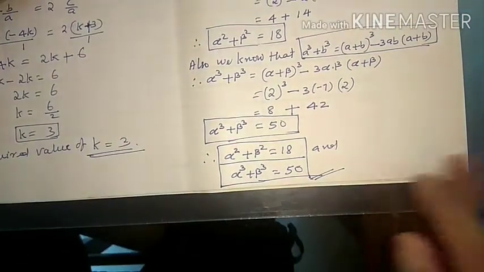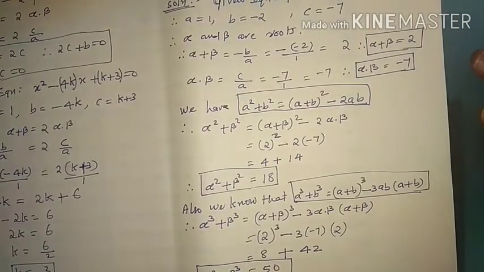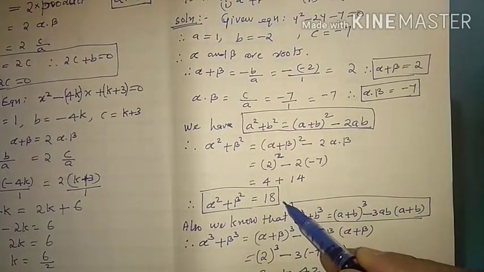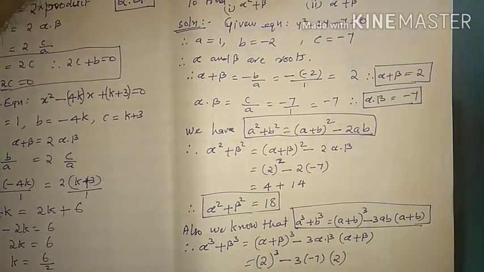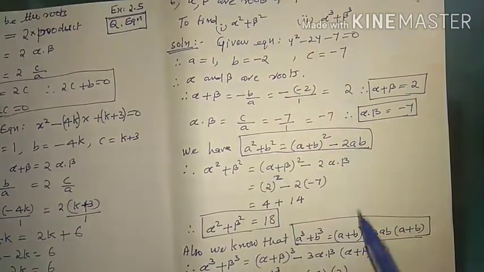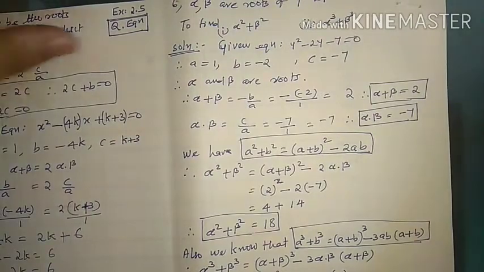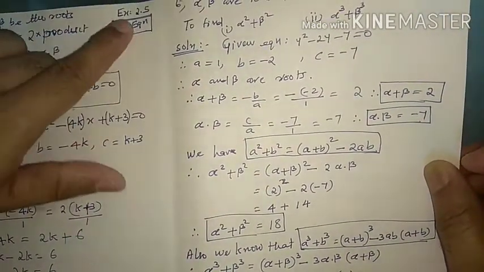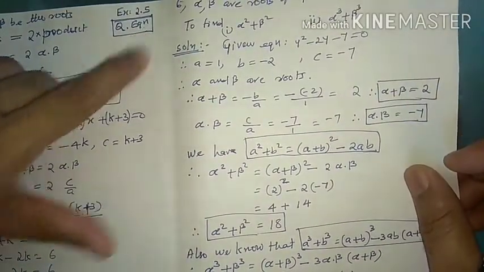This is question number 6. We have to find alpha square plus beta square, we have 18, and alpha cube plus beta cube, we have 50. Here we should remember these two formulae. This is question number 6 of exercise 2.5 of quadratic equation.